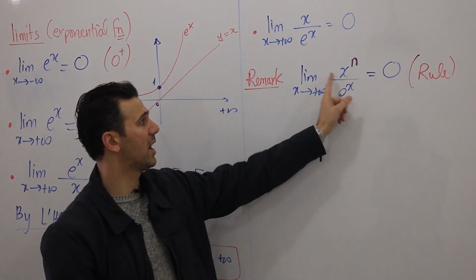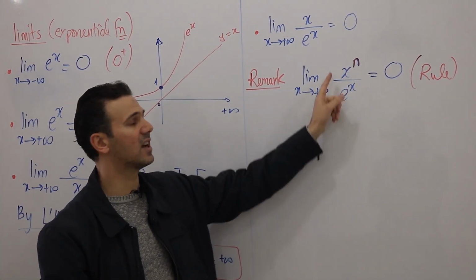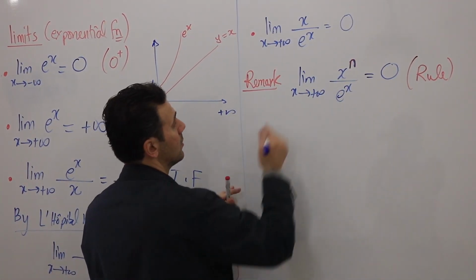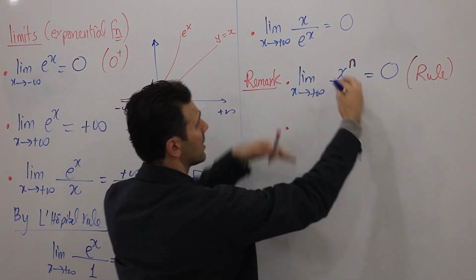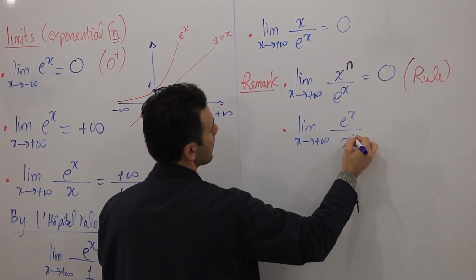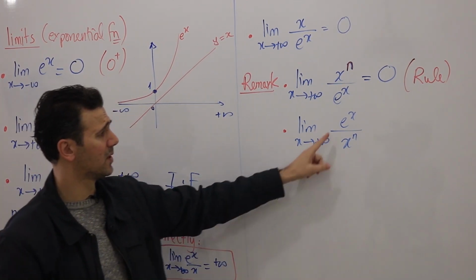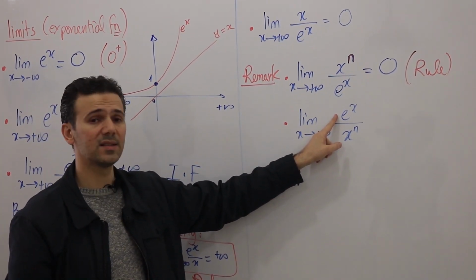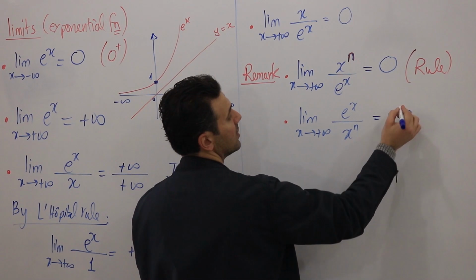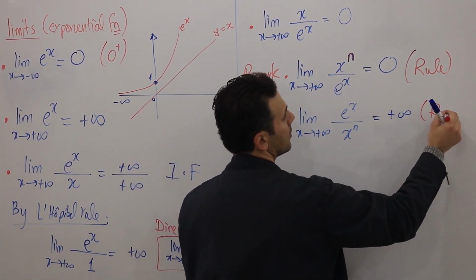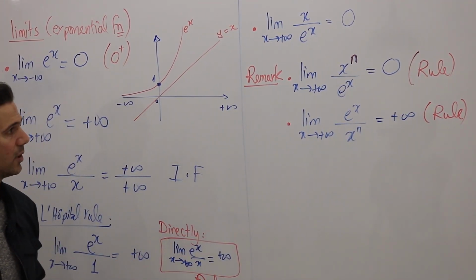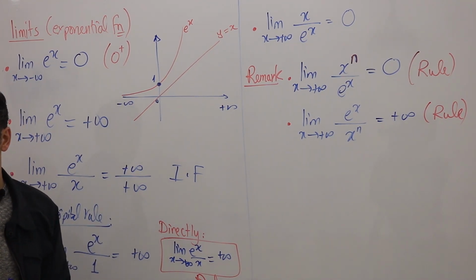For instance, if we have the limit as x tends to plus infinity of x squared over e^x, x^3 over e^x, whatever, the result directly we can put as 0. Another remark, similar to this but inverted, try to think about it. In this case also, e^x goes very fast to plus infinity. Thus, the result will be plus infinity over number, which is another rule we can use anywhere in exercises. Okay? These are all about the limits.